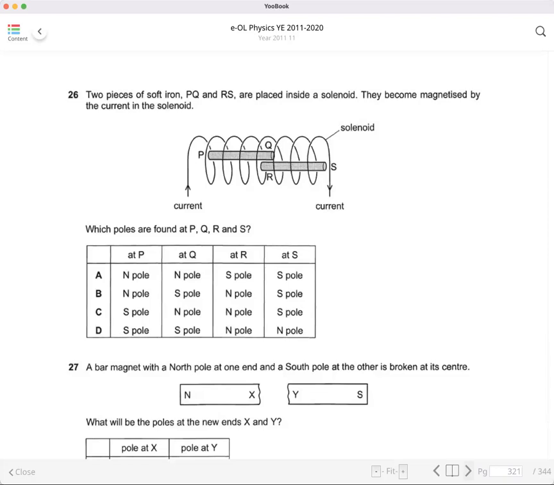For this question, you use the right hand grip rule. Bei Kuan, go and try. Using the right hand grip rule, what will your answer be?